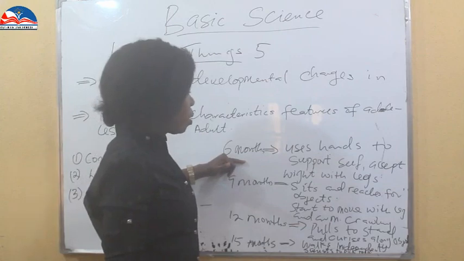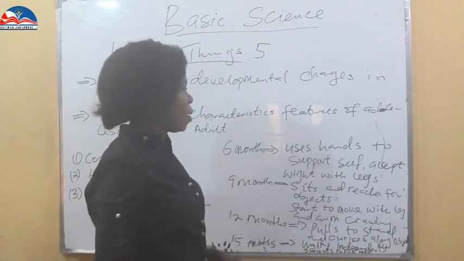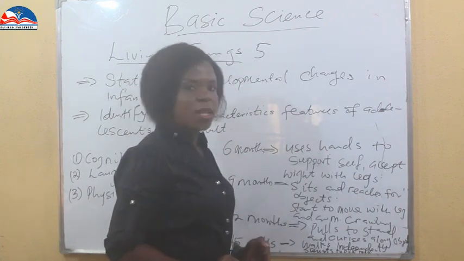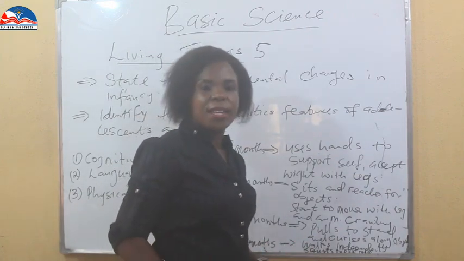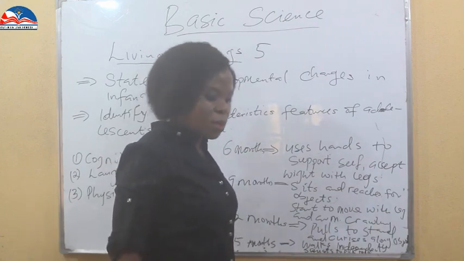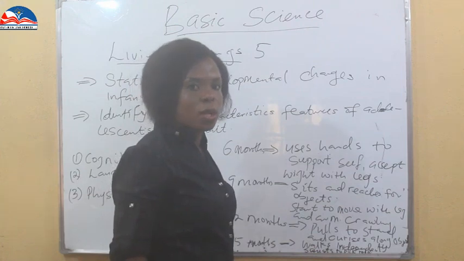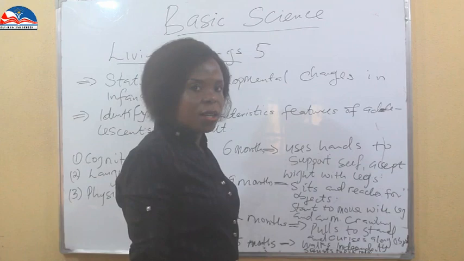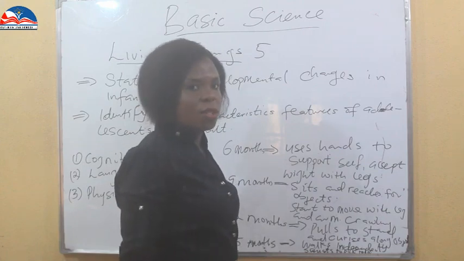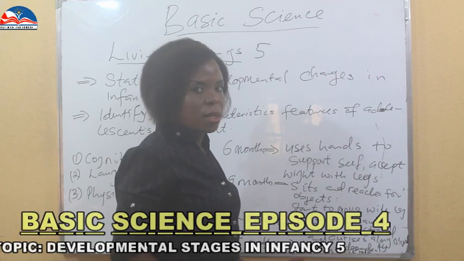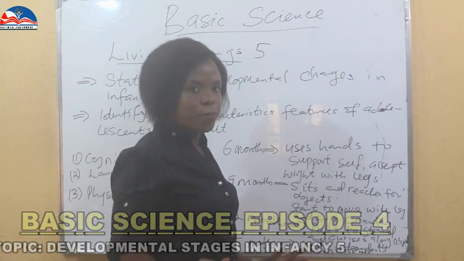At 6 months, the child uses hands to support self and accepts weight with the leg. This is when the child starts learning how to sit down. Uses his hand to support himself. You can place the child on a carton and put the child's hand on the ground, and the child can sit for a while supporting him or herself with the hands. And before you know it, the child learns how to sit without falling.